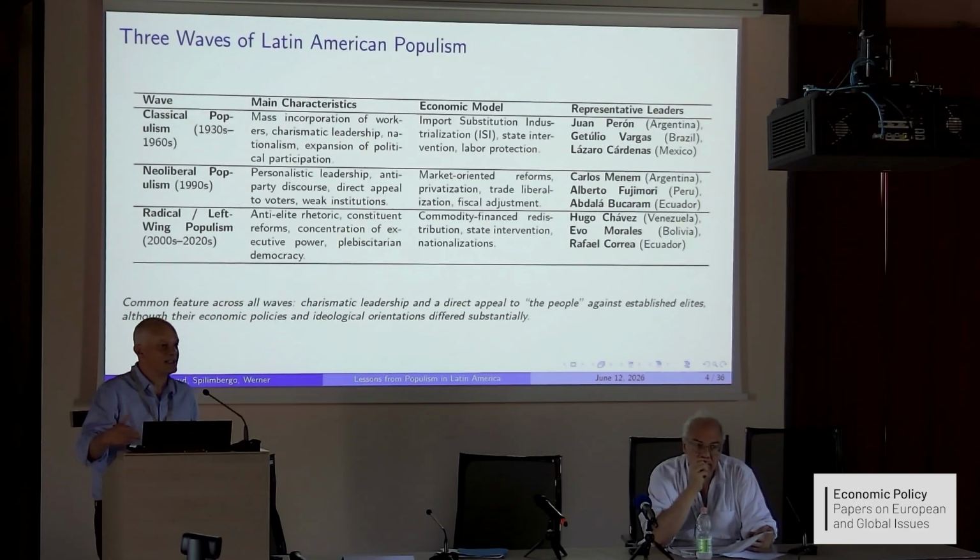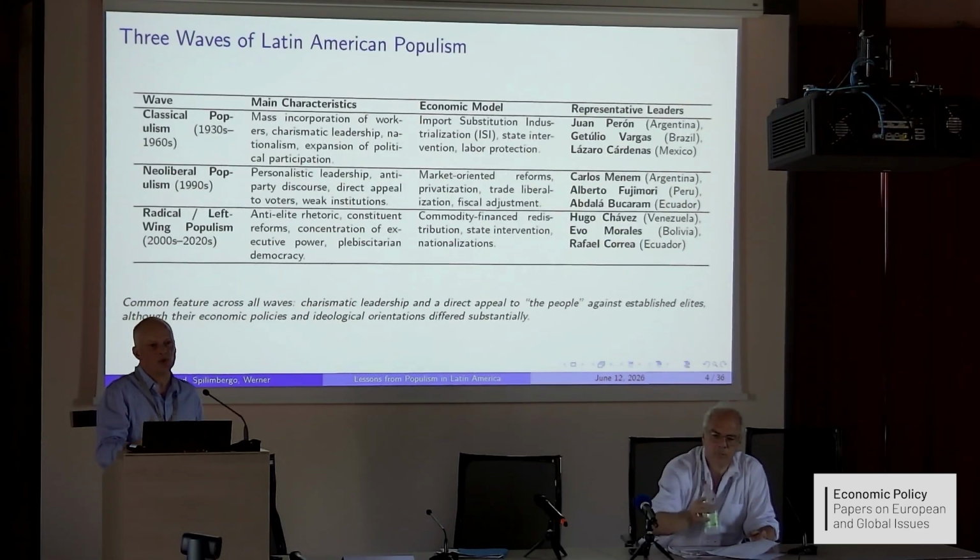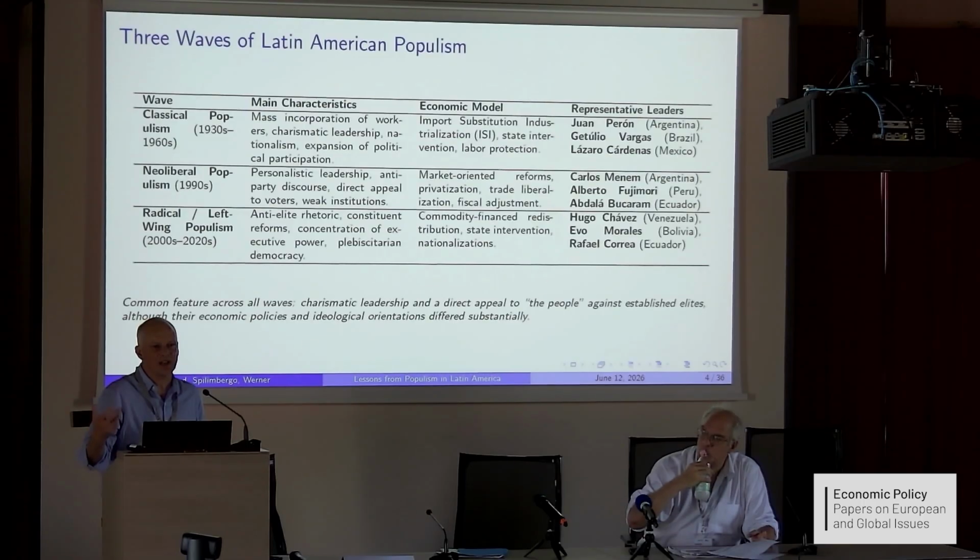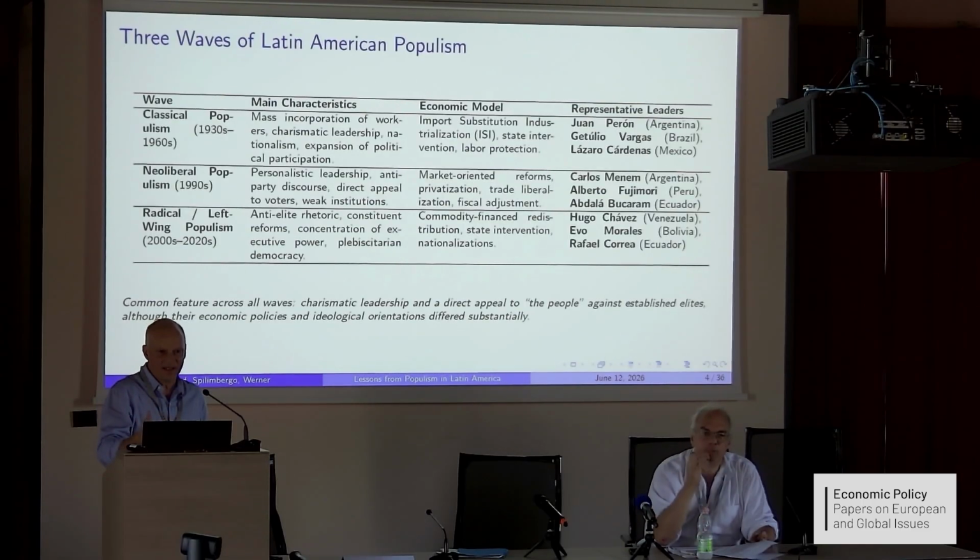The main policies implemented during that period were basically import substitution industrialization, state intervention, and labor protection, and all of this under a social process in which there was a huge migration from the countryside to the cities, a build-up of a manufacturing base, and therefore the political empowerment of this new labor class that provided the political support for this political movement.